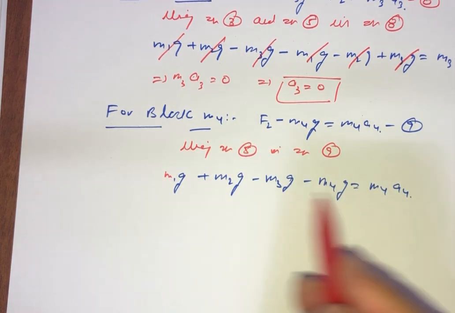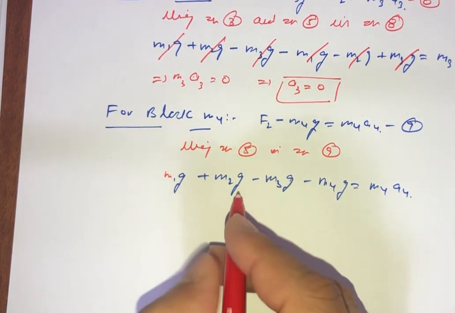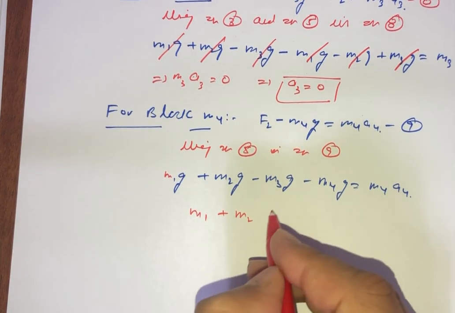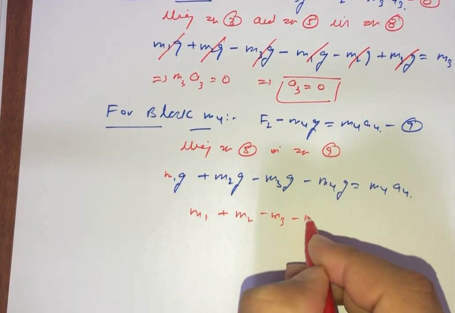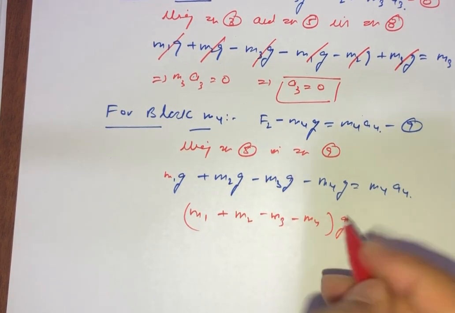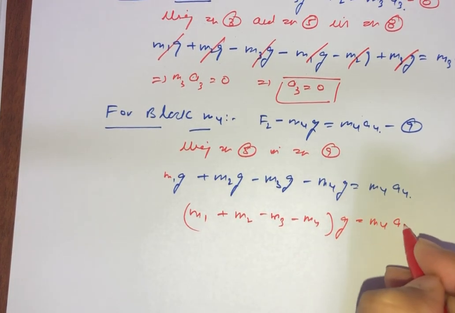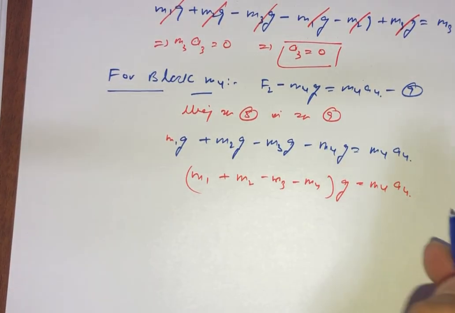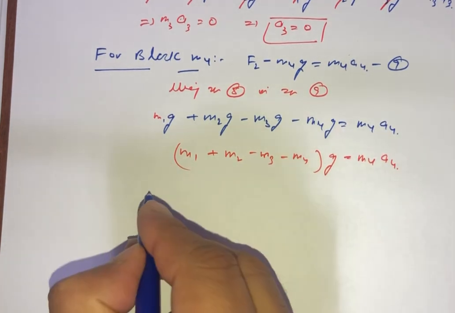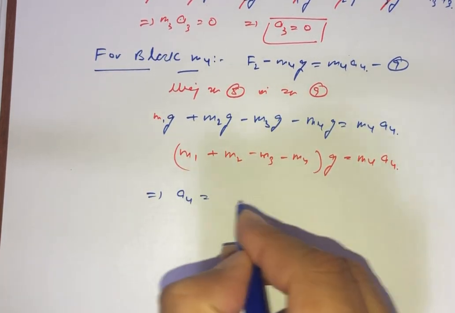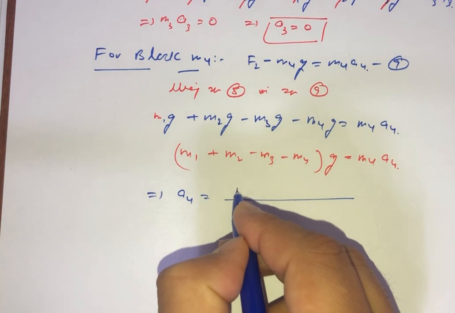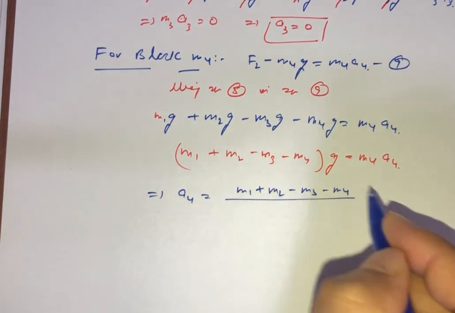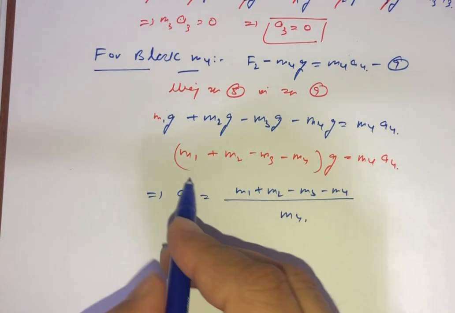Taking G as common, M1 plus M2 minus M3 minus M4 times G is equal to M4 times A4. This implies that acceleration A4 will be equal to M1 plus M2 minus M3 minus M4 divided by M4, times G.